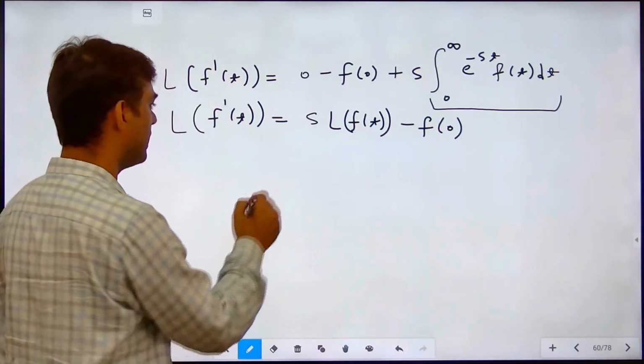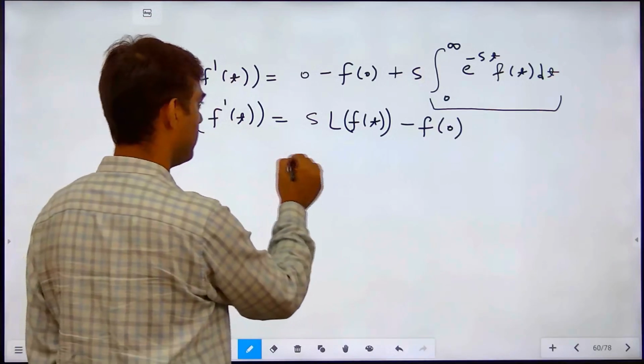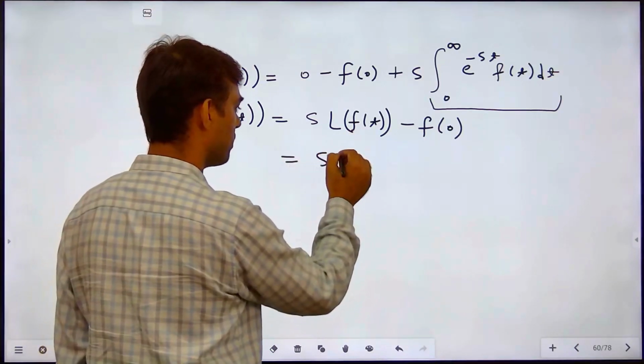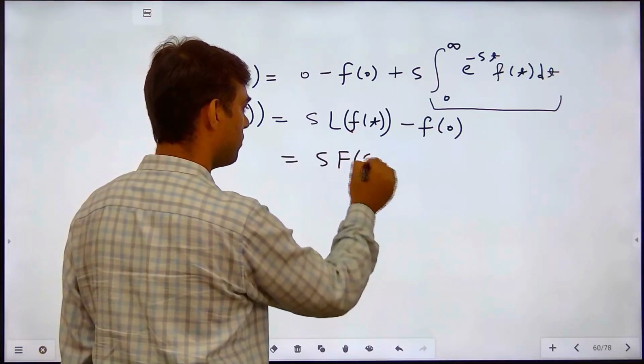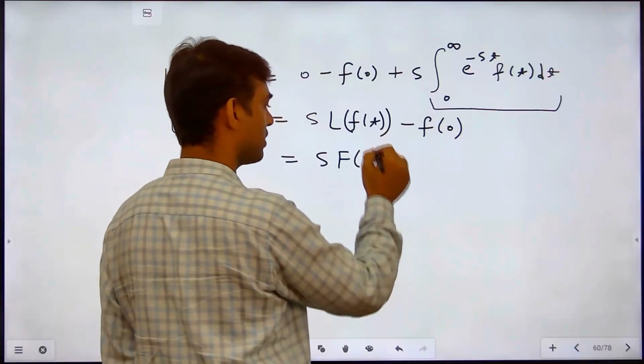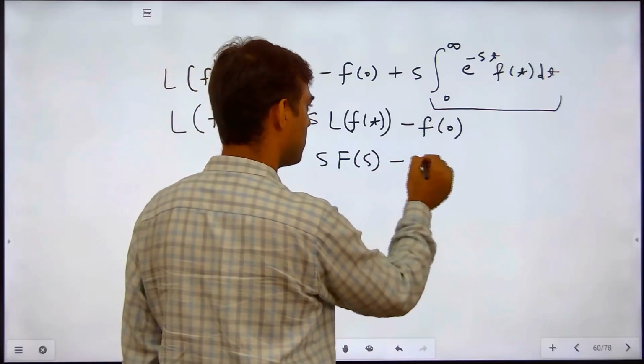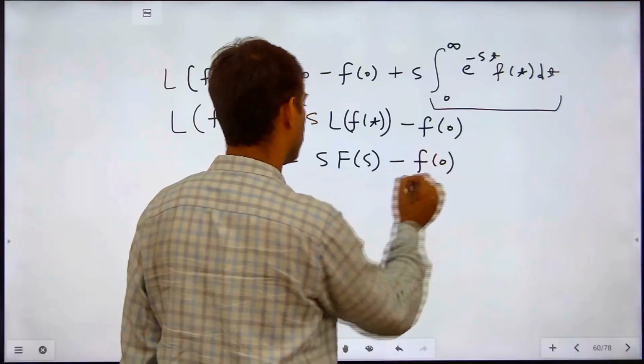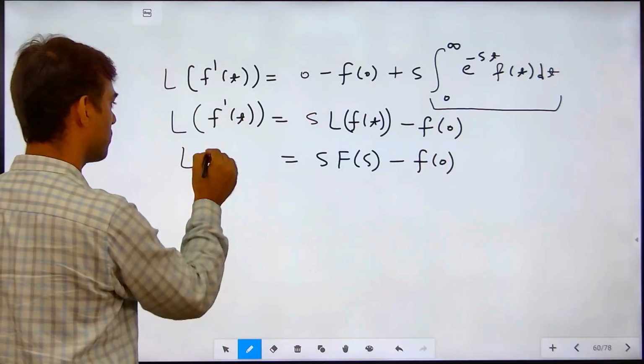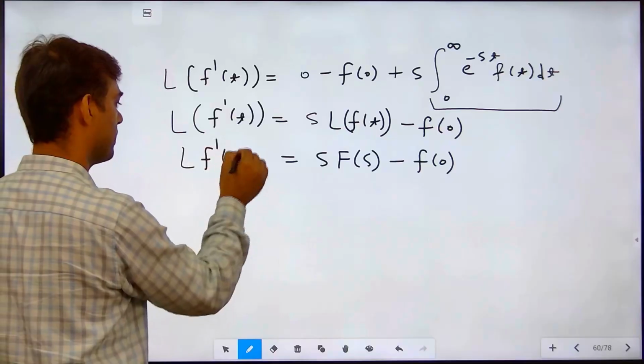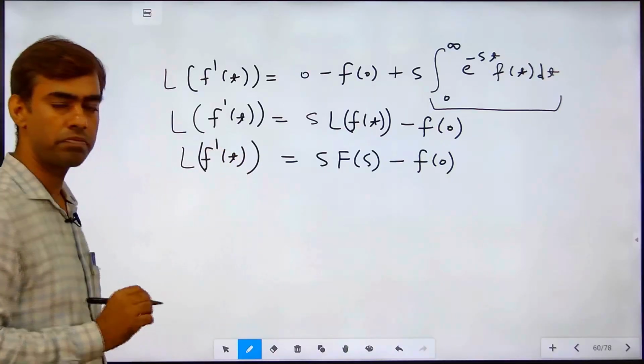We may also write this as s F(s) minus f(0), because the Laplace transform of f(t) is F(s), as given in the theorem. So, s F(s) minus f(0) is the Laplace transform of f'(t).